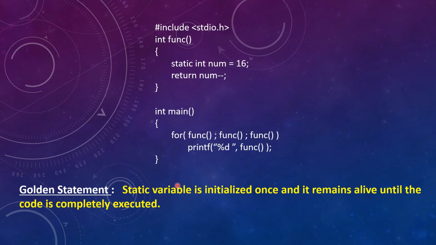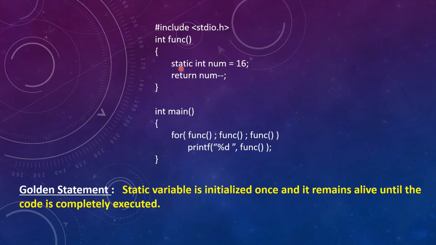But a static variable is not destroyed. It is only initialized once and it will remain alive until the whole program is completely terminated. After that only, all the static variables will be destroyed. Before that, no. A static variable is initialized only once and it will remain alive. So this was the catch in this question.